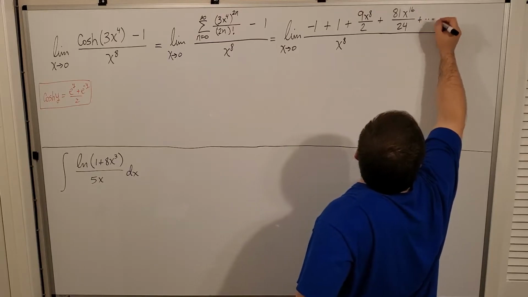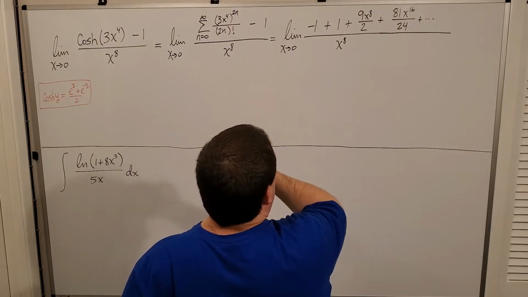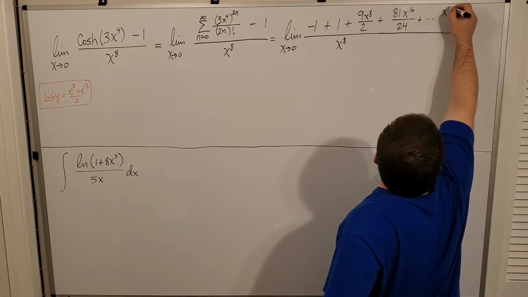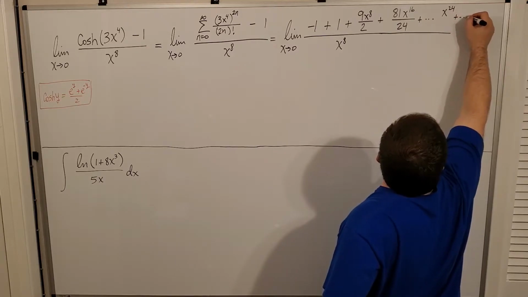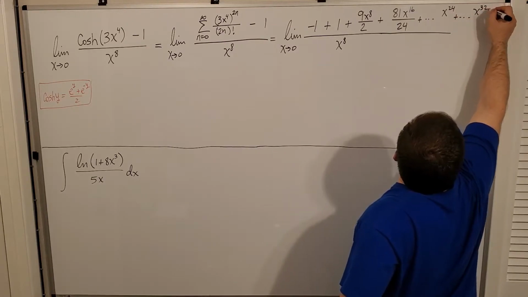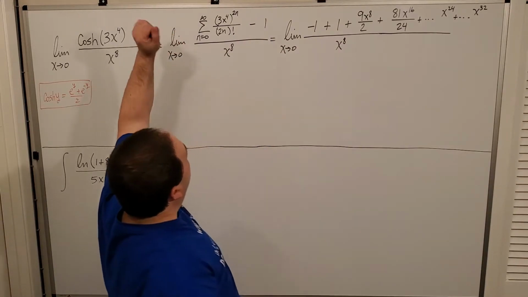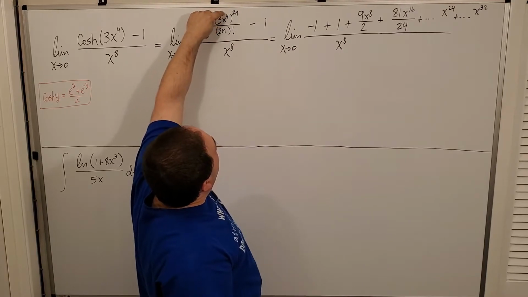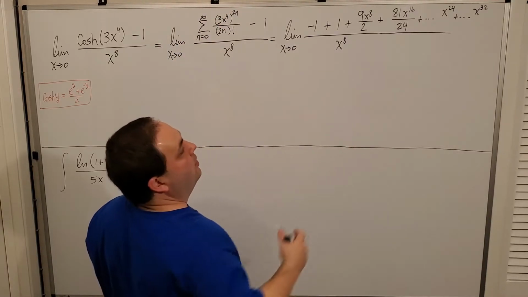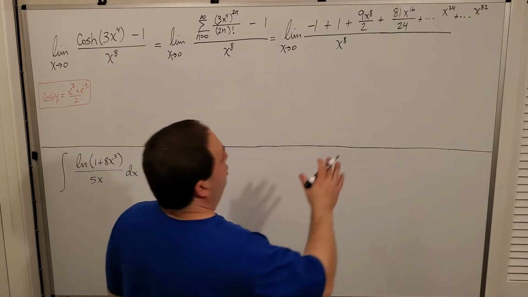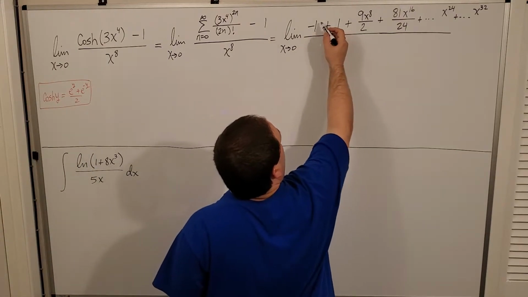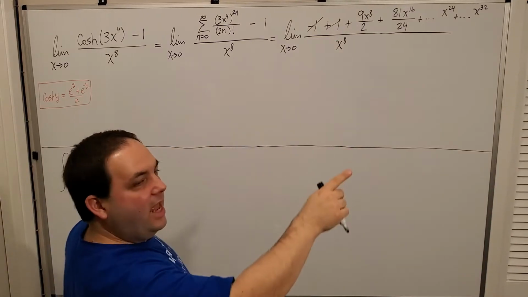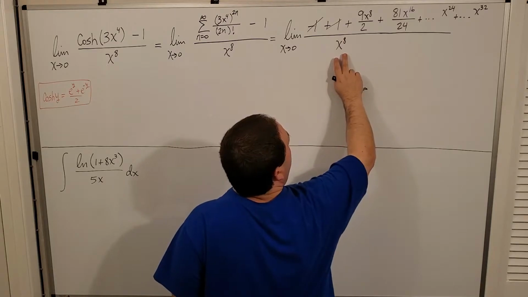Plus, okay, so I hope what you're seeing is that I'm going to continue to have more terms. The next one is going to have x to the 24 in it. The one after that, x to the 32. It's going up by powers of 8. And that should make sense to you because it's going to be x to the 8n here. And it'll have some other numbers with it. But look at what's going to happen. Immediately, the plus 1 and minus 1 are going to add to 0 and go away. And then everything else is divided by x to the 8th.